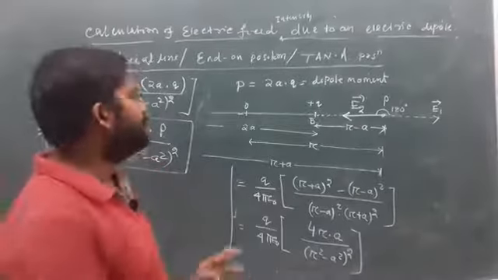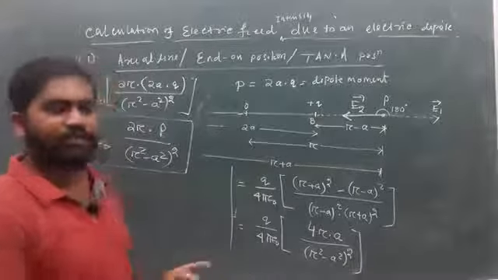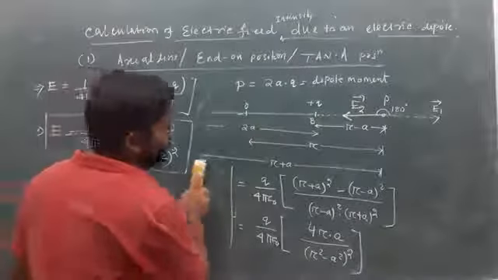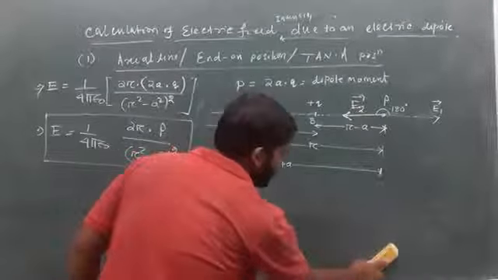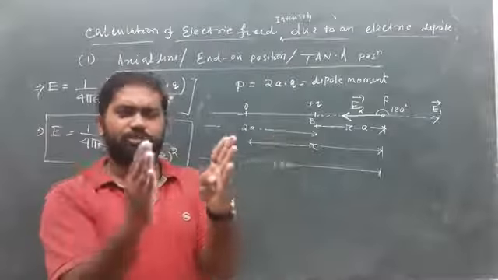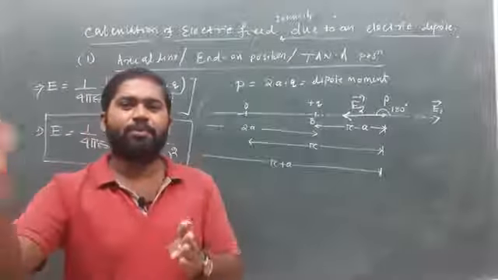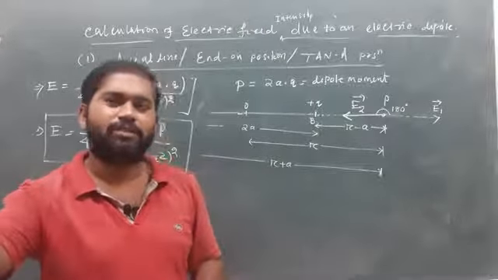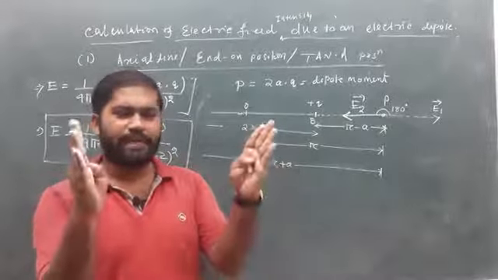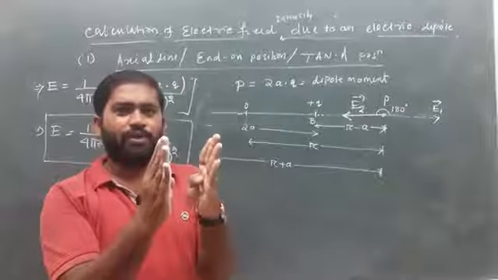Okay. But now consider a special case, the case of a short dipole. What is a short dipole? A short dipole means we decrease the dipole length as small as possible by keeping the point of observation fixed. If we keep the point of observation fixed and decrease the dipole length, what happens?